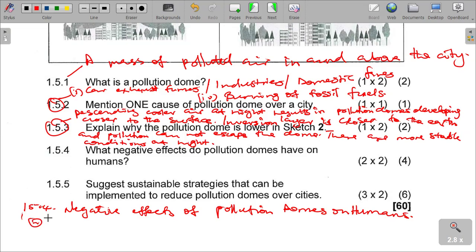Negative effects of pollution domes on humans are: one, it may cause lung infections and asthmatic attacks.